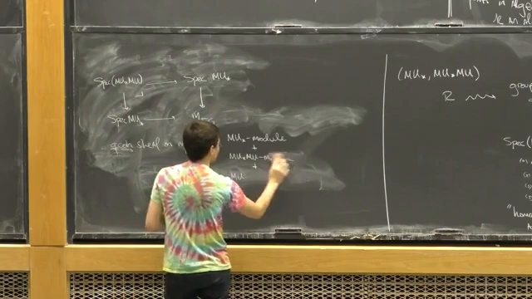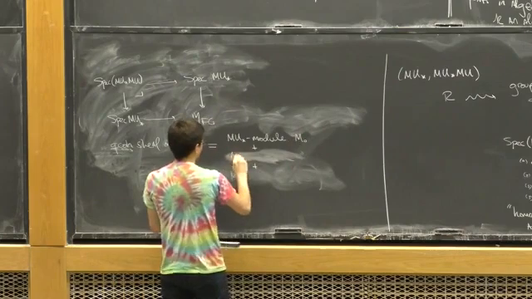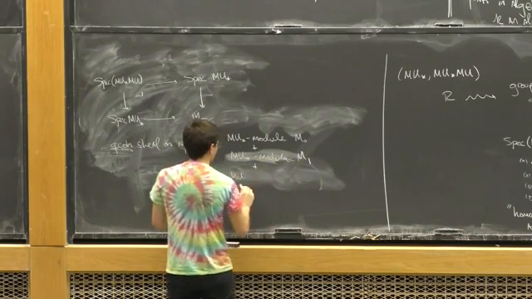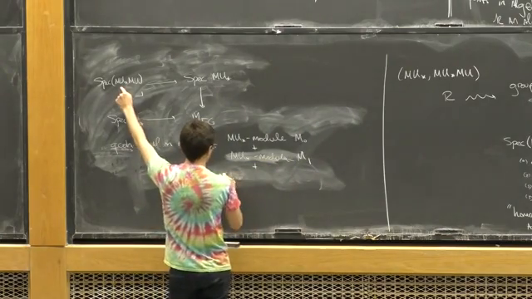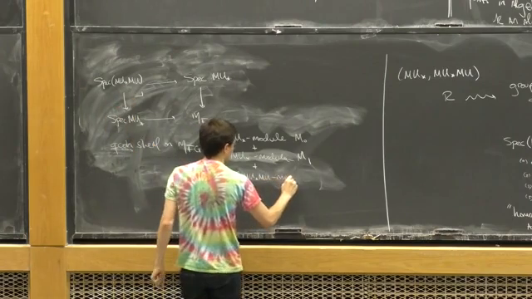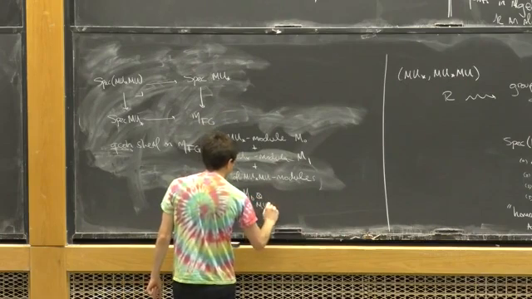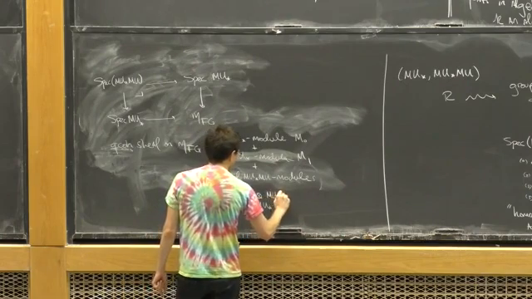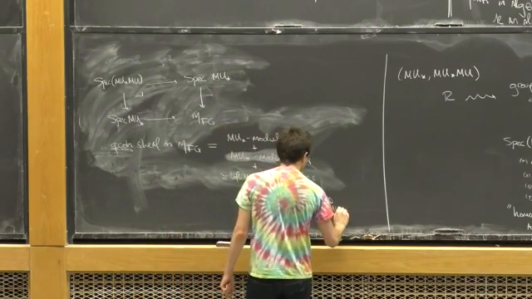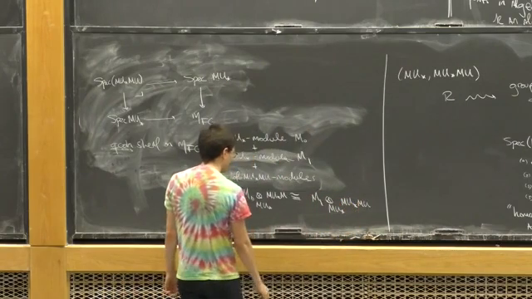Sorry, a mu star module, let's say M0, another mu star module M1, and an equivalence of mu star mu modules from M0 tensored up to mu star mu to M1 tensored up to mu star mu. But maybe I should write one of these on the right.